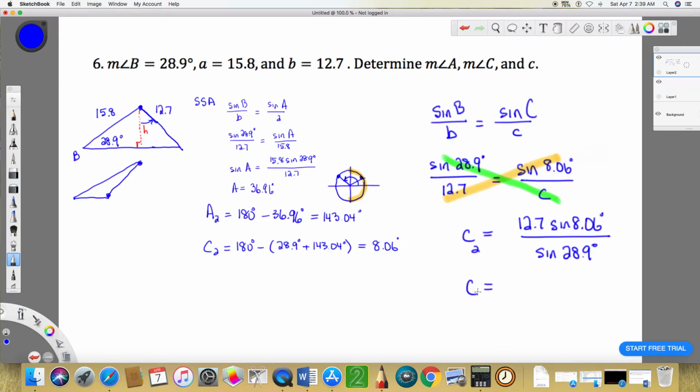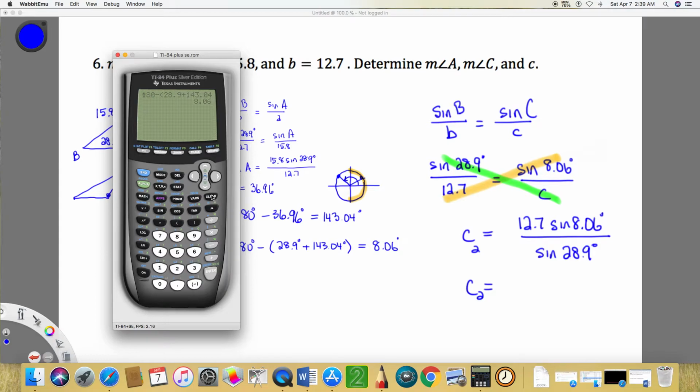And of course, this is the second length because we're working on that second triangle. We've got 12.7 times the sine of 8.06. Don't forget to close that parenthesis. And the sine of 28.9, 3.68.